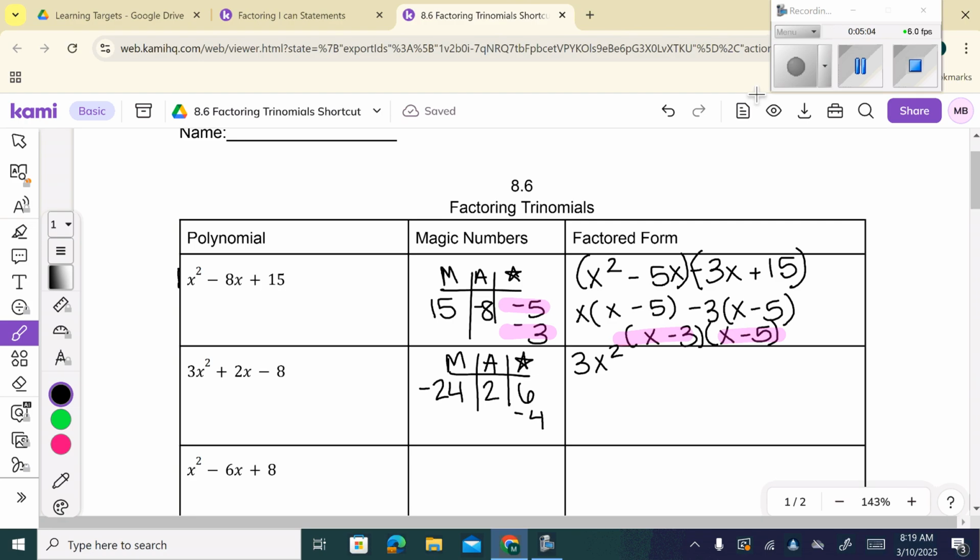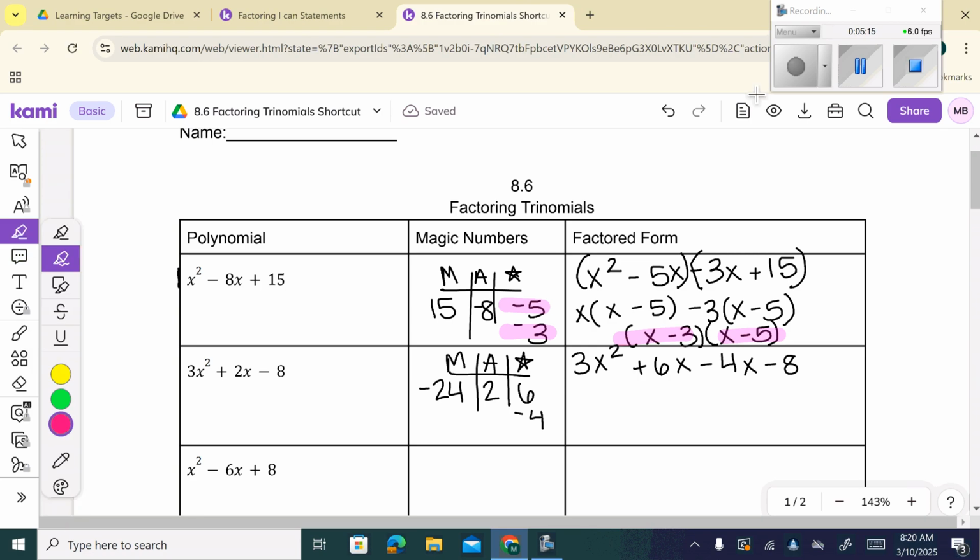I'm going to go with plus 6x next, minus 4x, minus, what's going at the end? Not 24. 8. Because I only replace the number in the middle with my two magic numbers, because what is 6 minus 4? 2. So that's just replacing them.